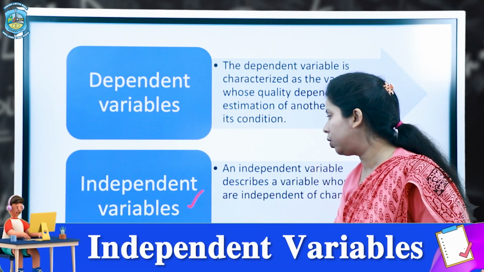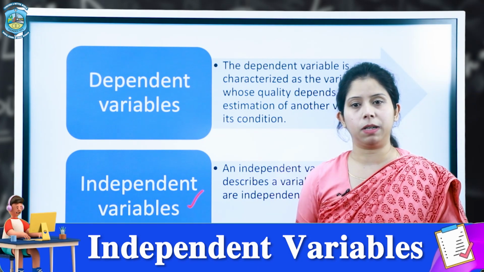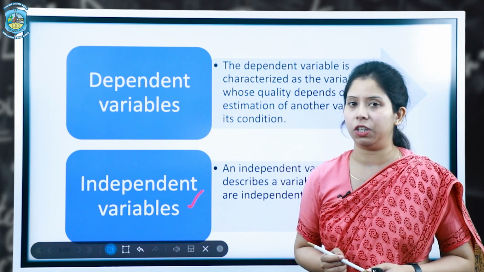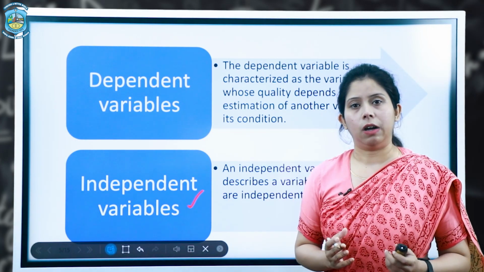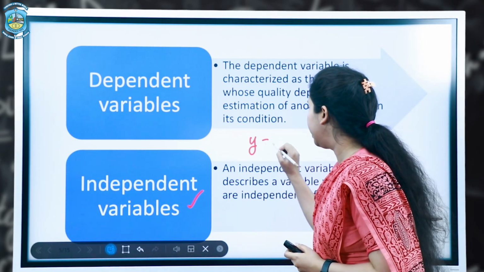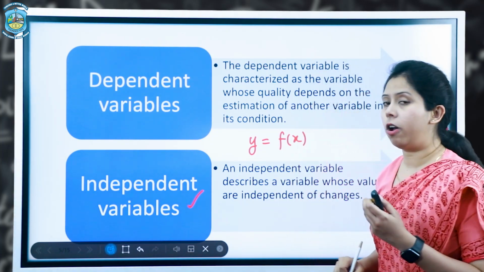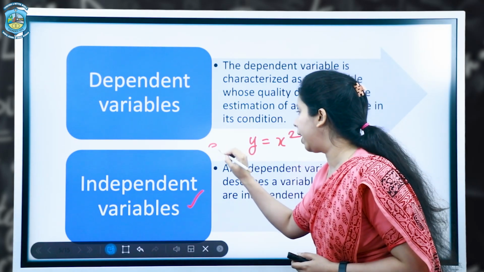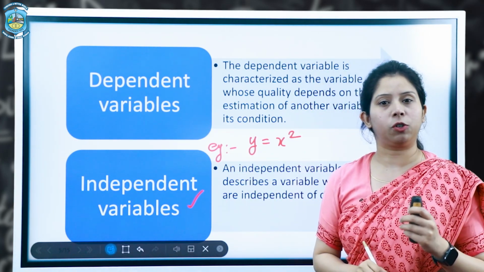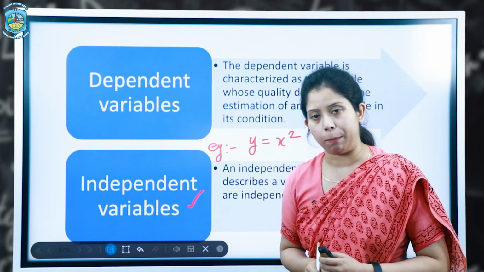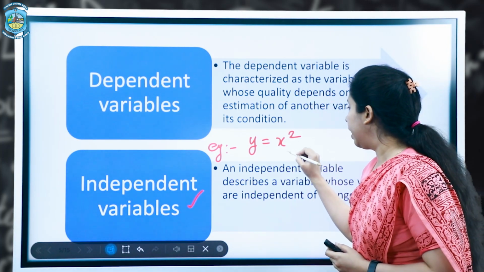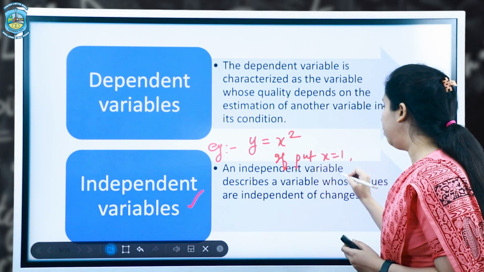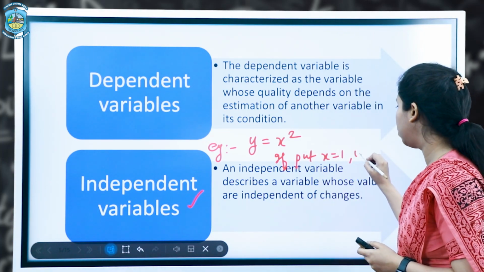And an independent variable describes a variable whose values are independent of the changes. Here you must have studied that y is a function of x. For example, we can take y is equal to x square. Here we have two variables, x and y. If you put the value of x as 1, we get the value of y as 1.